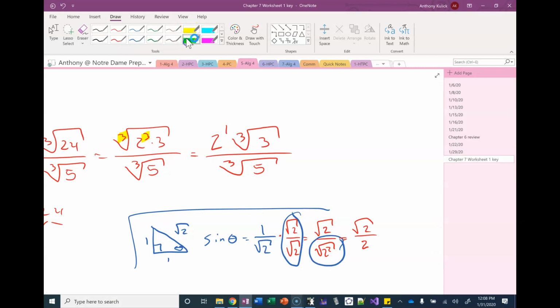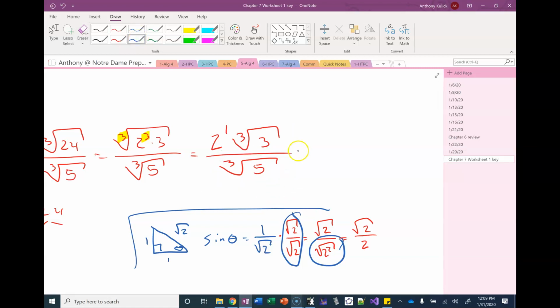So let's look at the denominator in this problem. I have the cube root of 5. How many 5s do we have to have in the denominator to do an exchange? 3. Everybody agree with that? How many do I have down there right now? 1. So how many more do I need? 2.